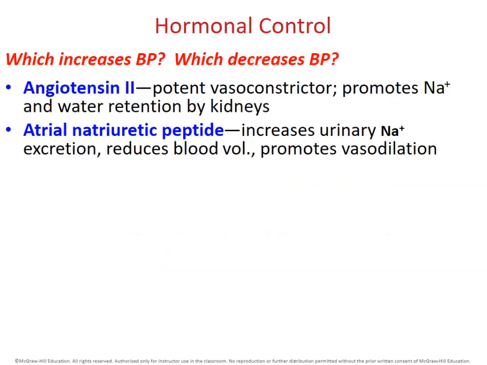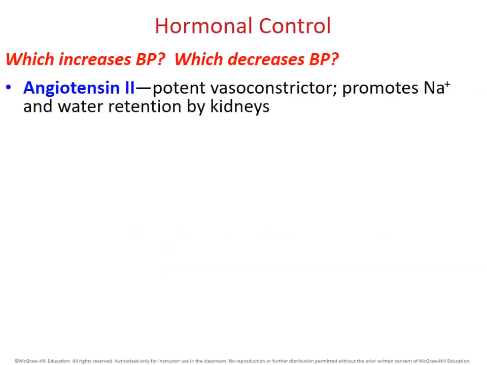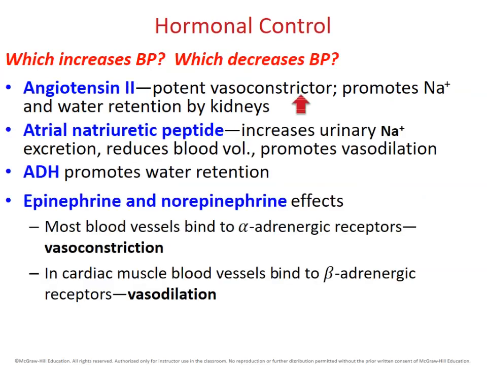All right, so here we go. Angiotensin 2, a potent vasoconstrictor. Will it increase or decrease BP? It should increase, yes. Atrial natriuretic peptide again increases urinary sodium excretion. What do you think happens with sodium excretion through the kidney?